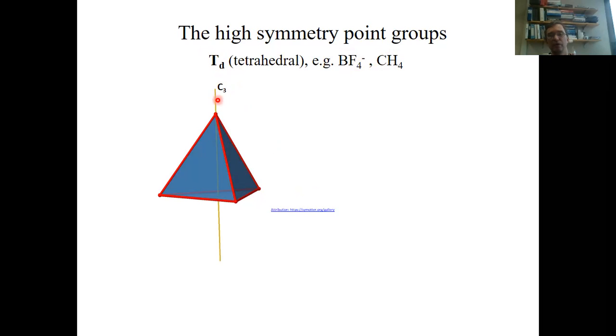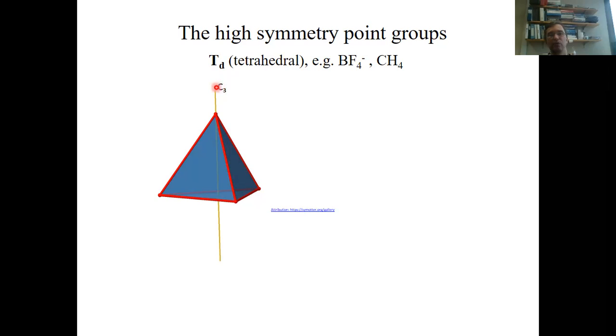When you determine symmetry elements and symmetry operations, it's useful to first see what the principal axis is. The high symmetry point groups have the property that they have multiple principal axes. The axis with the highest order within a tetrahedron is the C3 axis.